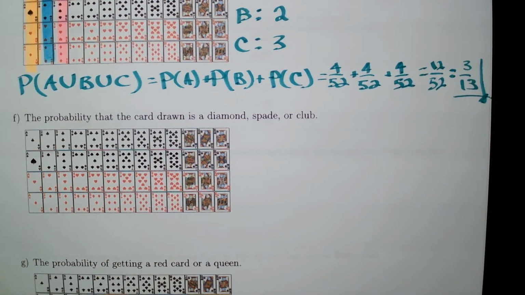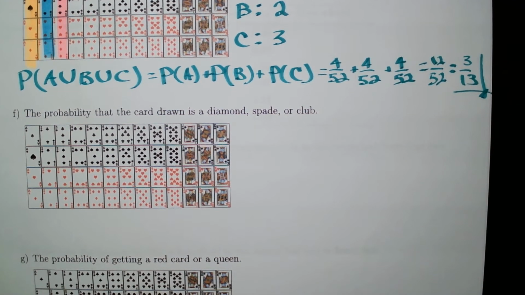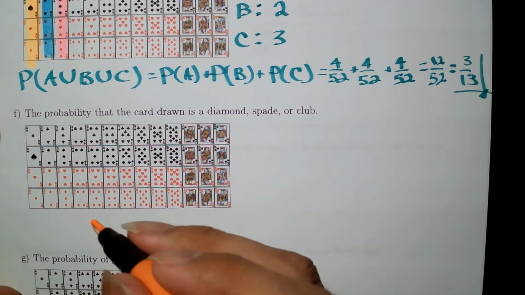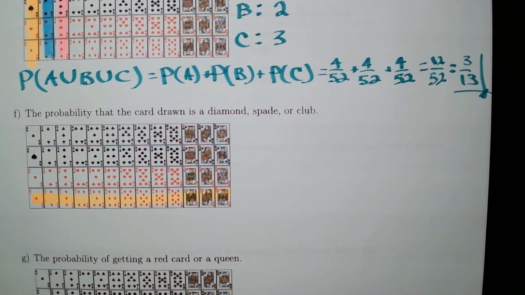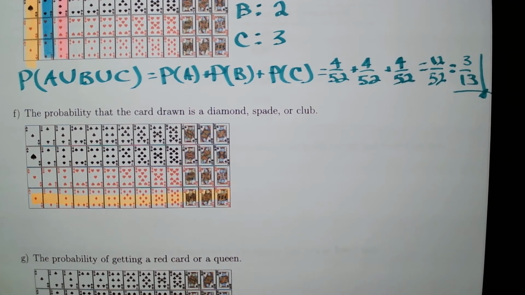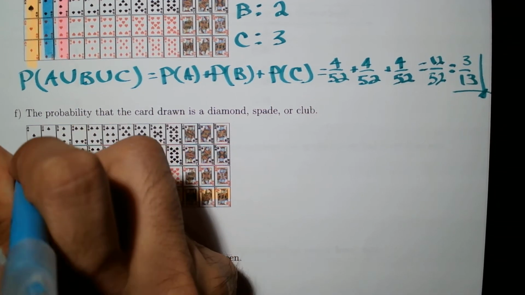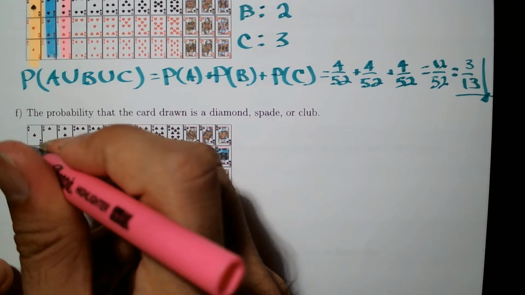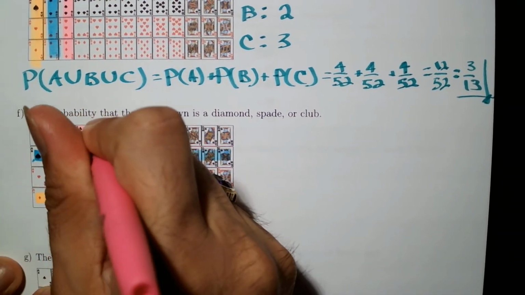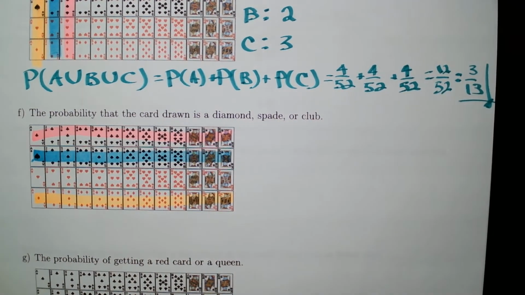Let's see, the probability that the card drawn is a diamond, a spade, or a club. Alright, so number 1, diamond. Let me use 4 diamonds, and then spade, and then club. Okay.